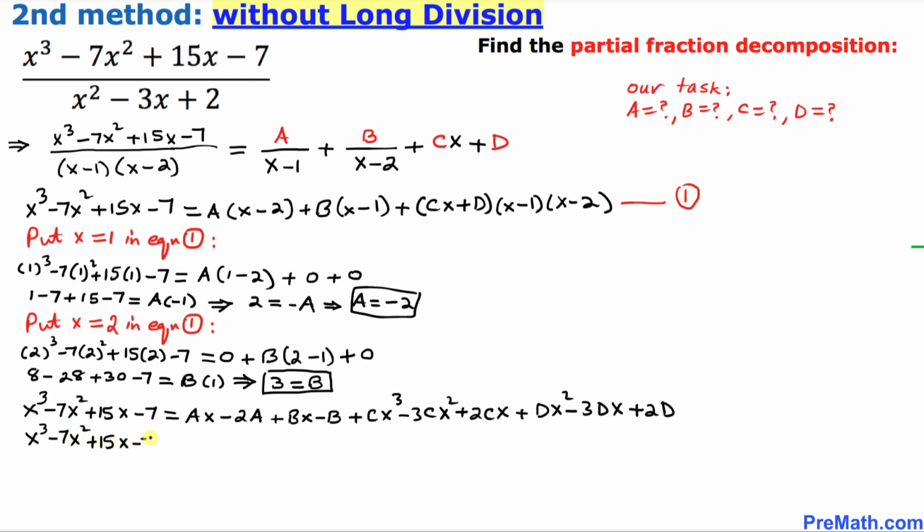And now on the left hand side I can leave it as 1x power 3 minus 7x squared plus 15x minus 7 equal to, let's combine the like terms and start with the highest degree. Okay, we are going to go in a descending order.